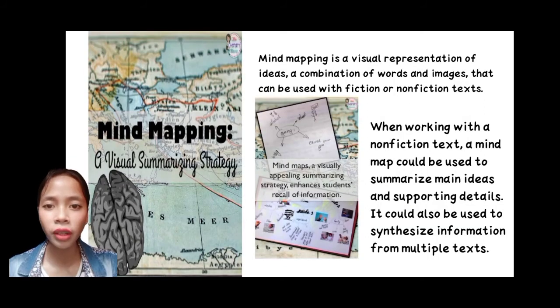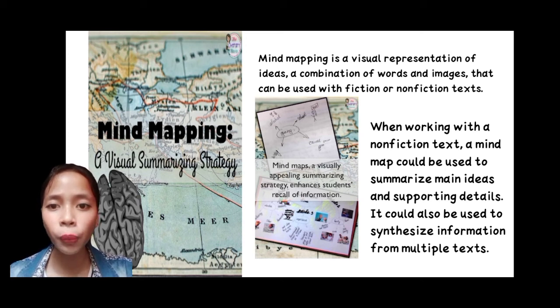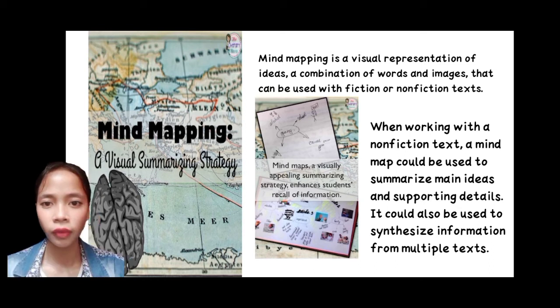The third one is mind maps. Mind mapping is a visual representation of ideas, a combination of words and images that can be used with fiction or nonfiction texts. This strategy particularly appeals to visual learners as well as to ESL or special education students whose vocabulary may be limited or for whom writing is a struggle.